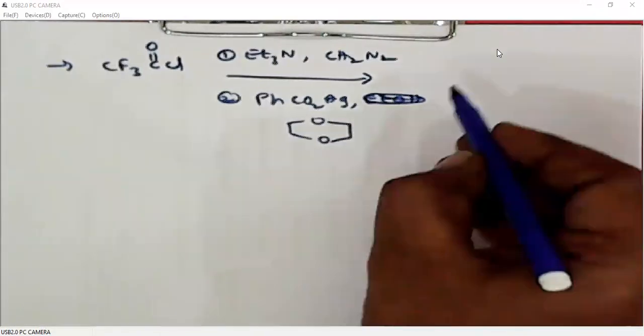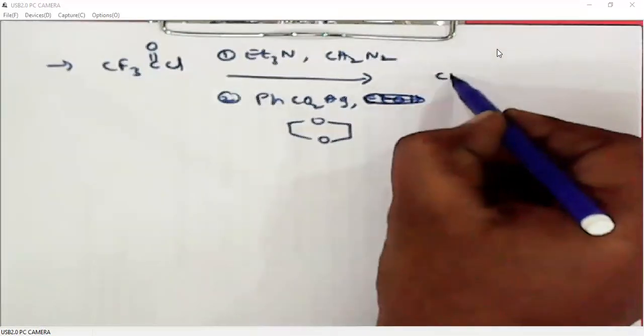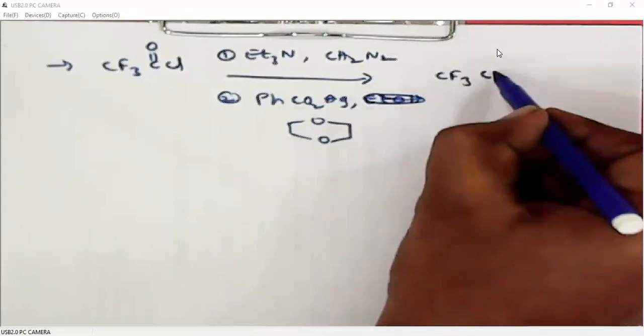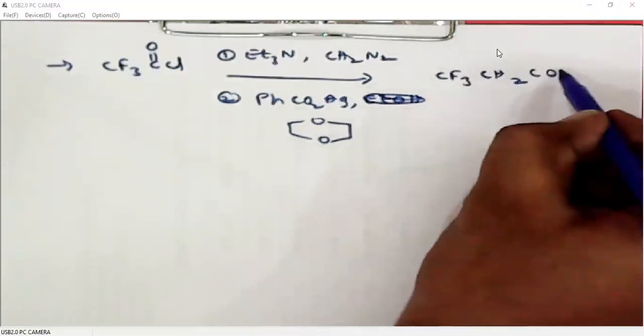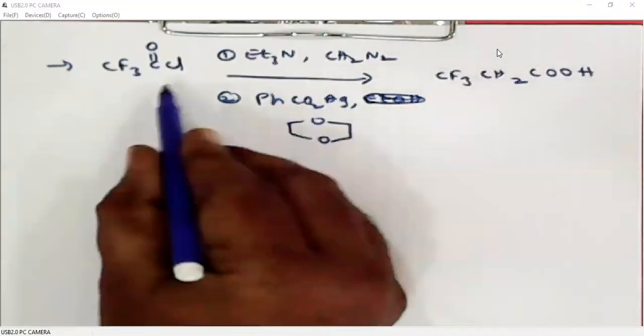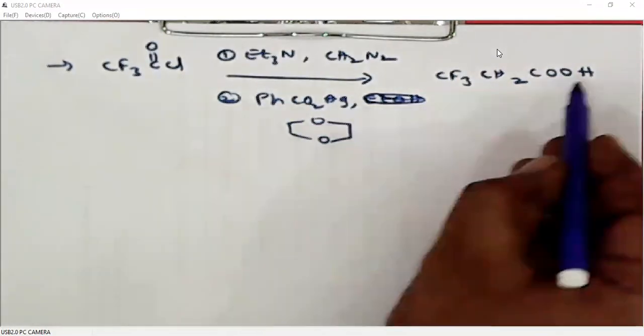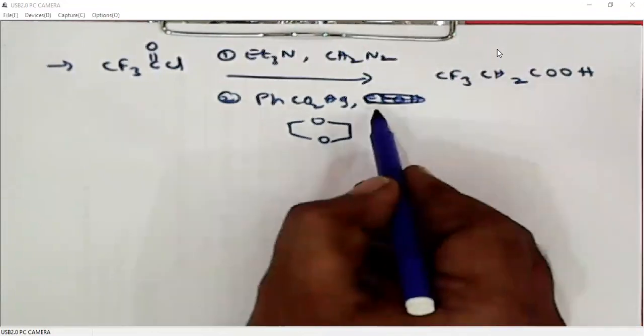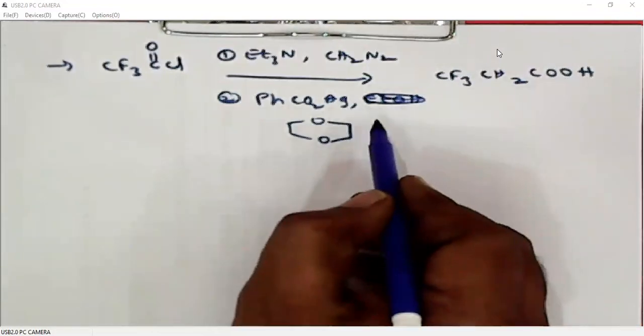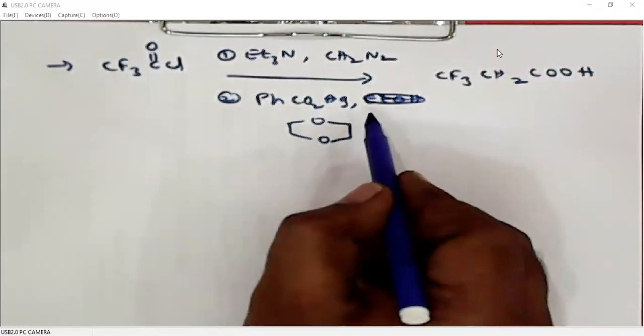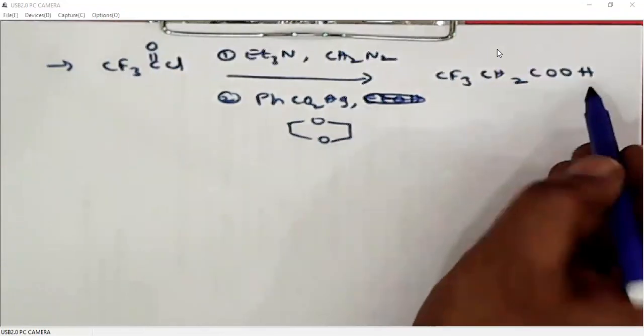We will get an ester, CH3CH2, one carbon homologation. So if we use an alcohol, we will get ester. If we don't use alcohol, finally we will add water to quench the reaction. So we will get acid.